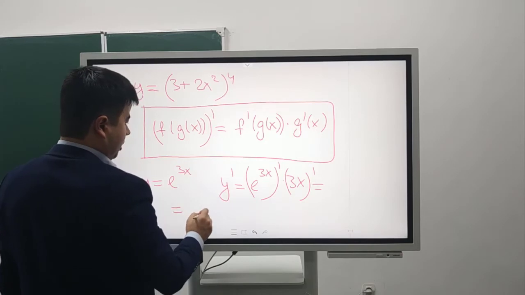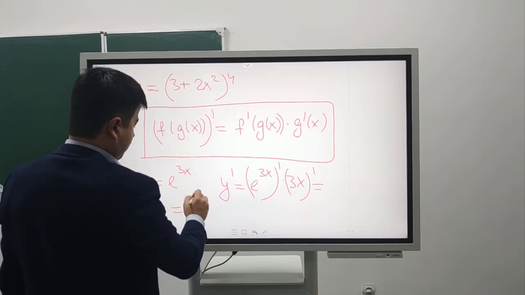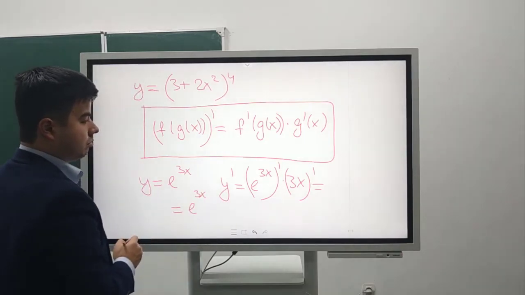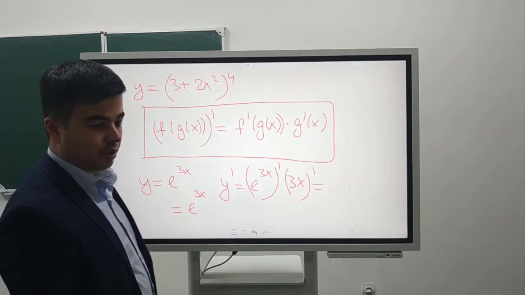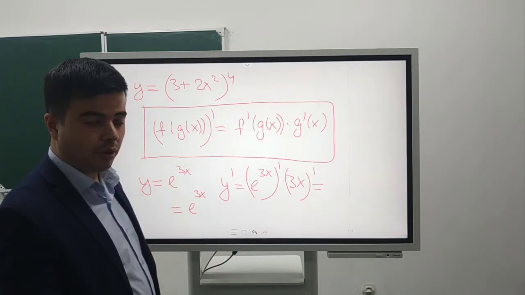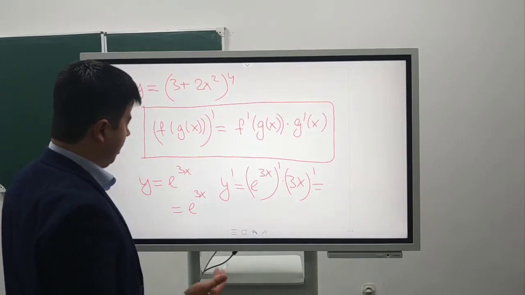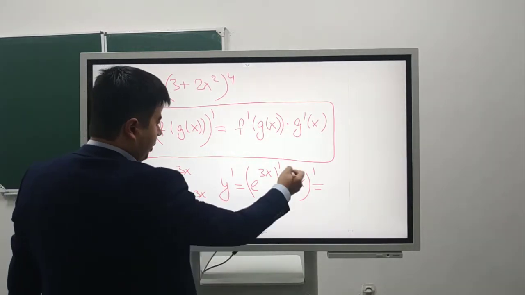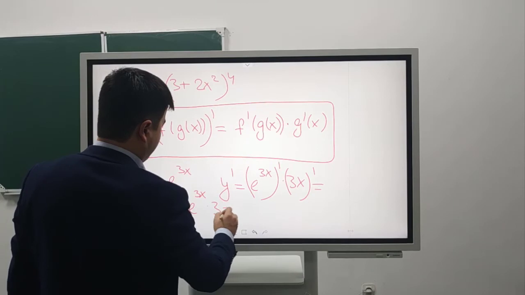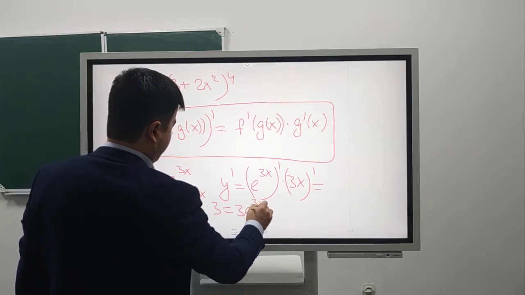Here we have just e to the power of 3x, because the derivative of e to the power of x is e to the power of x, and times the derivative of 3x, which is just 3. So the answer is 3 e to the power of 3x.